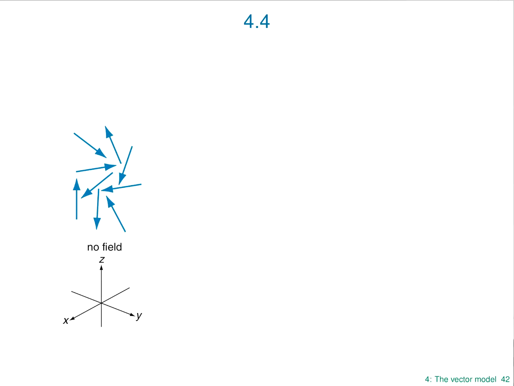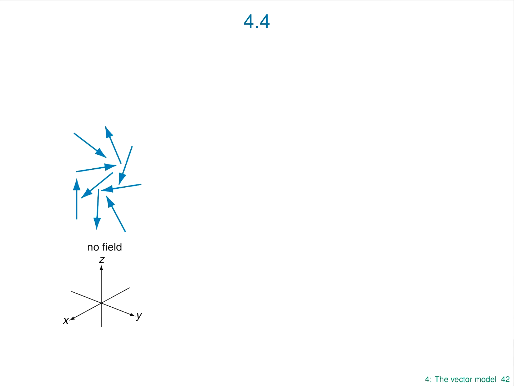Okay, so back to the little magnetic moments. We take the sample and we put it in the magnet, and what do we get? Well, what we get is no bulk magnetization at all. Why is that? If the spins are outside the magnetic field, there's no energy preference for them to point in any direction.